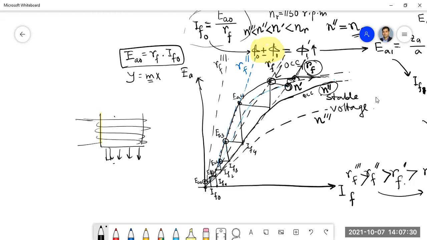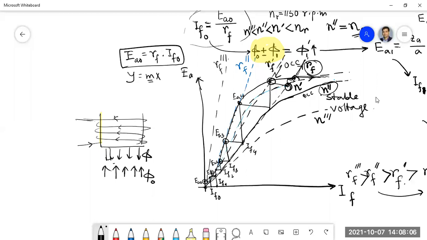Suppose this is your flux, due to this field current. So this is phi1, and the existing flux, that is the residual flux, is already there. That means these two are negative or subtractive, opposing each other, so the voltage build-up is not possible.